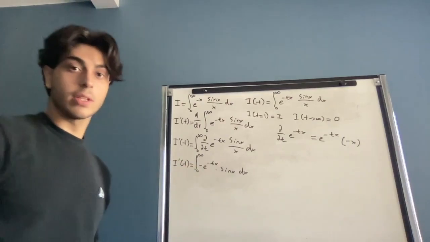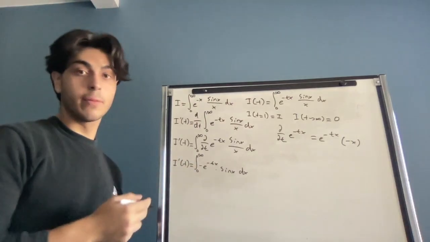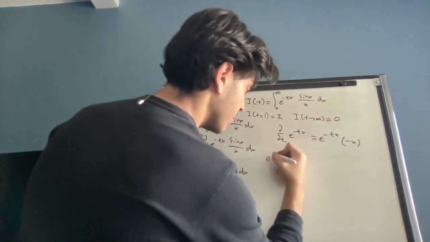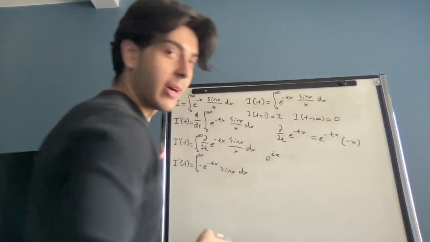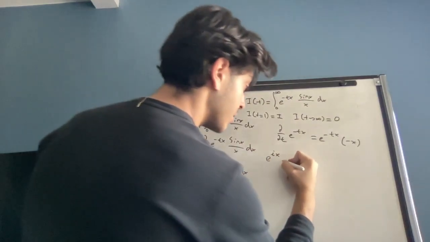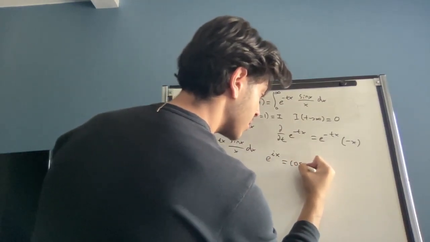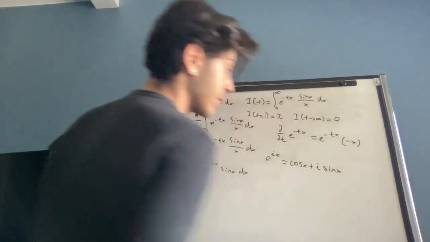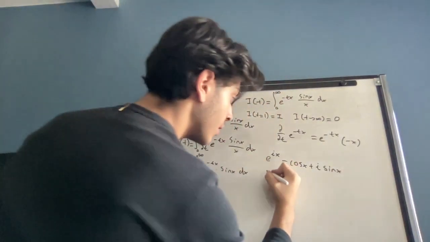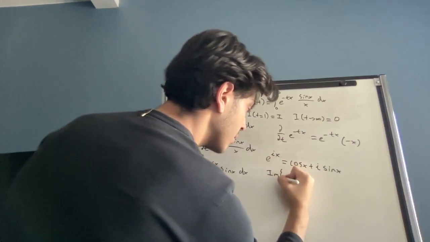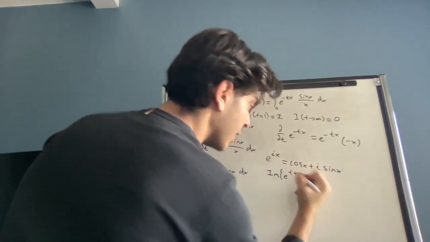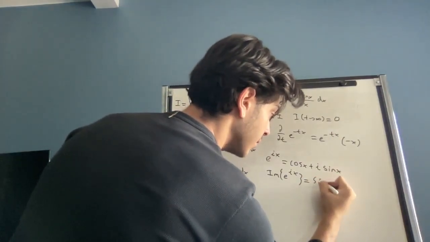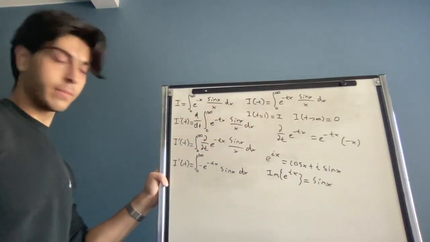And you can solve this using integration by parts, but a method I prefer is to use Euler's identity, which is saying e to the power of ix is equal to cos x plus i times sine of x. This means you can take the imaginary part of e to the power of ix as being equal to sine of x.